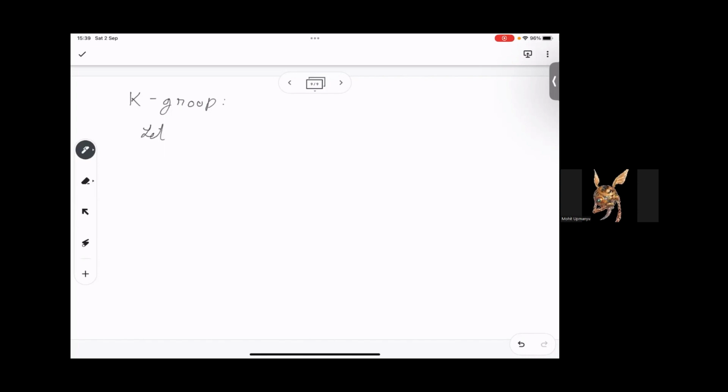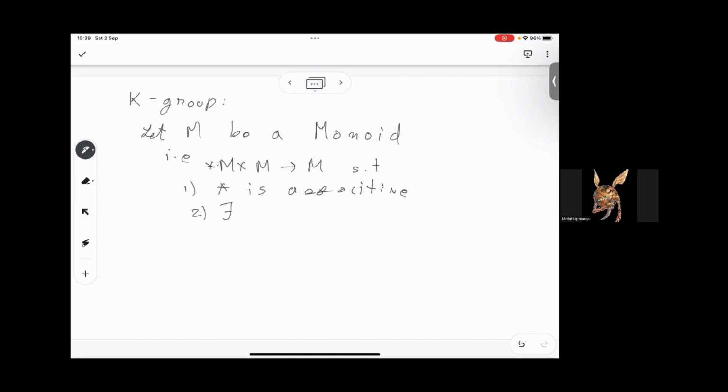So let M be a monoid. Just to recall what a monoid is: we have an operation M cross M to M such that, number one, star is associative, and number two, there exists an identity.